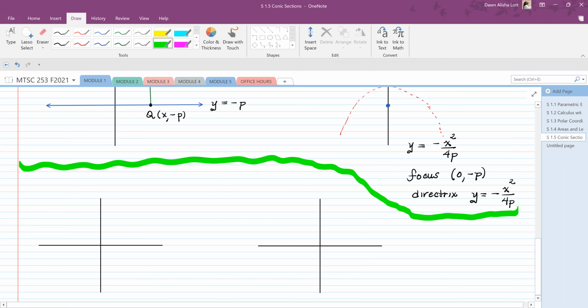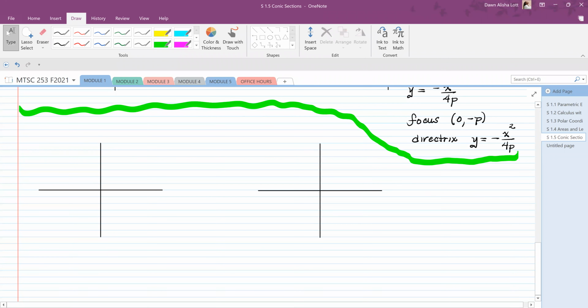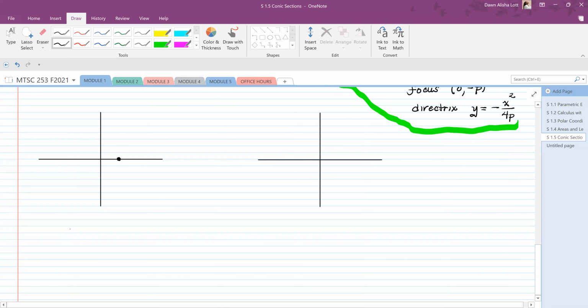All right. So now I can have a focus, which is going to be p, 0. And my directrix is going to be x is equal to negative p.